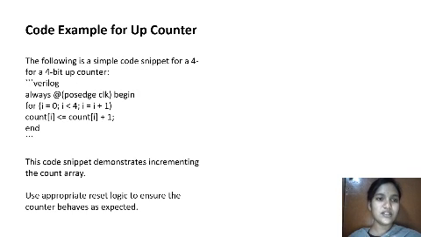If you see the example of a for loop using code, the following is a simple code snippet for a 4-bit up counter.